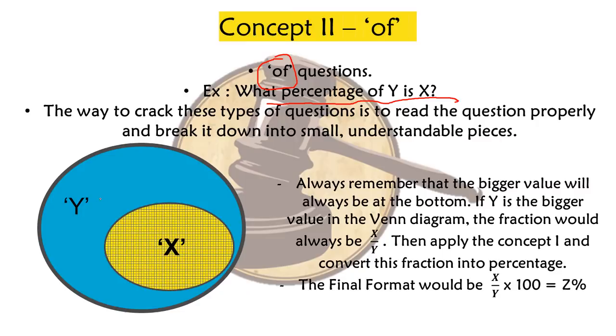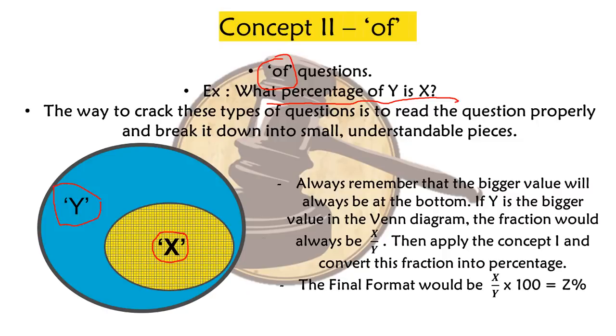So y will be the bigger circle here and x will be the smaller circle. And what I'm asking you is, what is the shaded region part of this y, right? So you have to tell me what percentage of this shaded region, that is the yellow shaded region, is of y, that is the blue region. So understand these questions properly and break them down into very small bits.